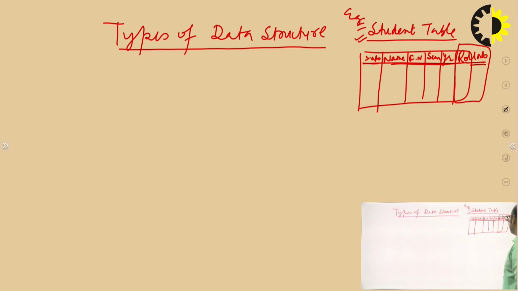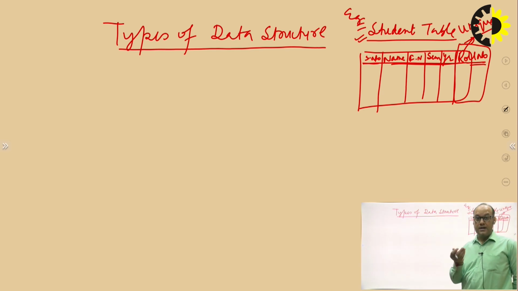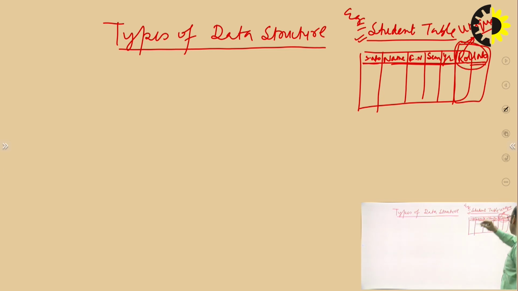With the help of this roll number, which uniquely identifies a student, you have to find a way to keep that uniqueness. In the same manner, when a number of operations are to be performed, we need a different way. The programmer has to think about what type of data structure he wants to take.